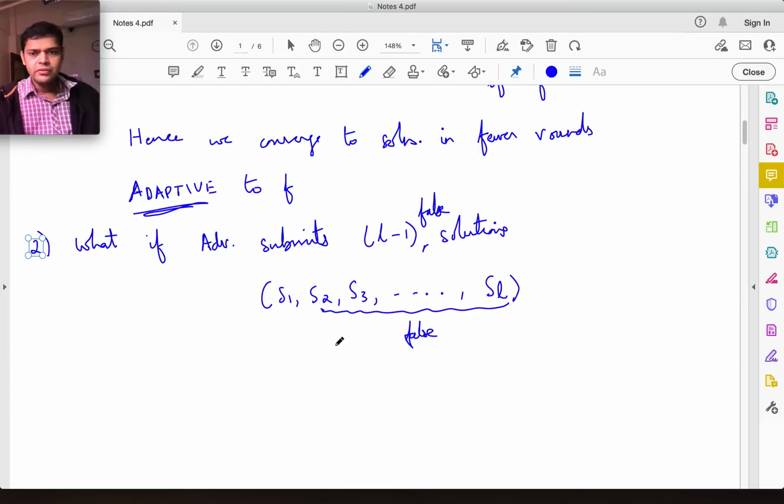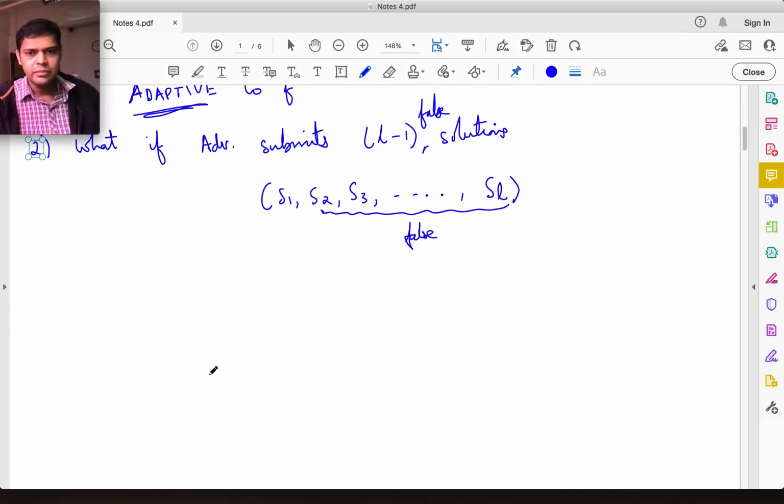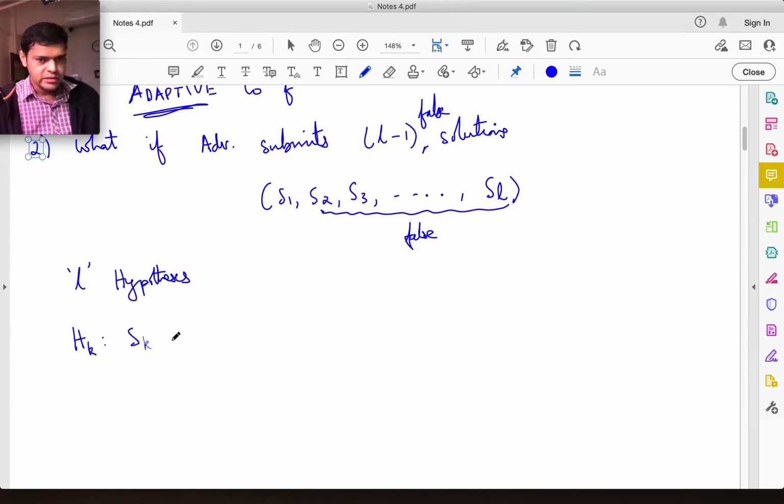So now what we do is we extend to not just two type hypotheses, but we have L different hypotheses. And effectively HK means that SK is the solution.